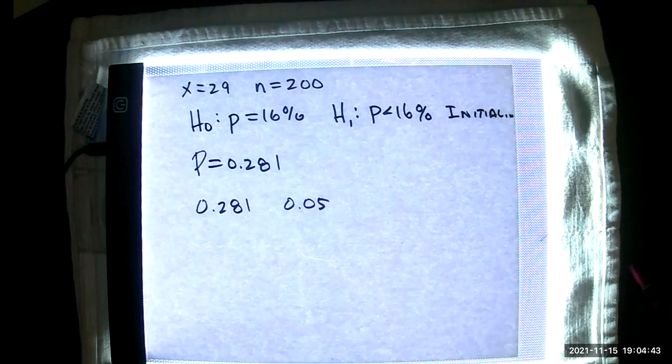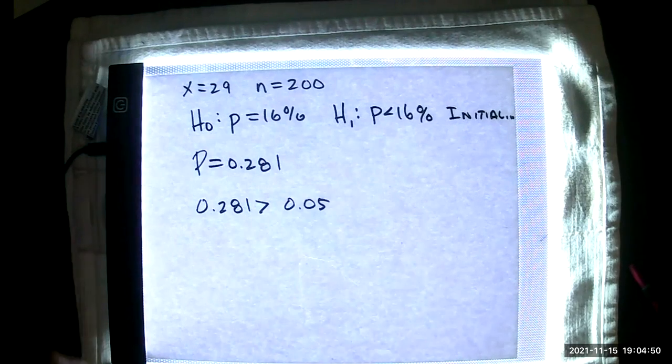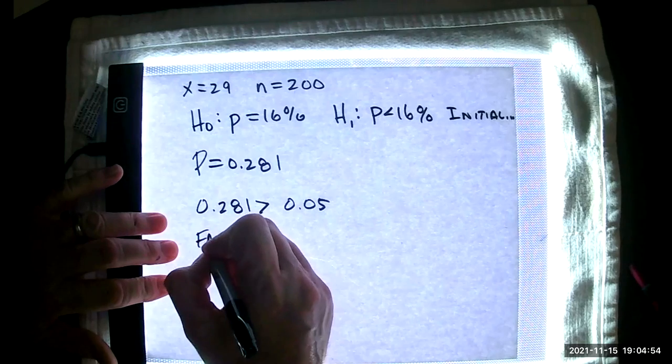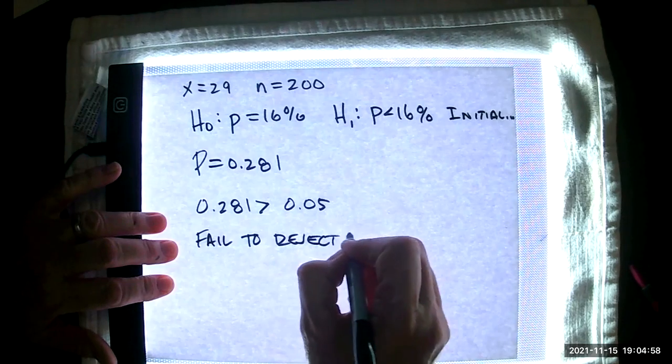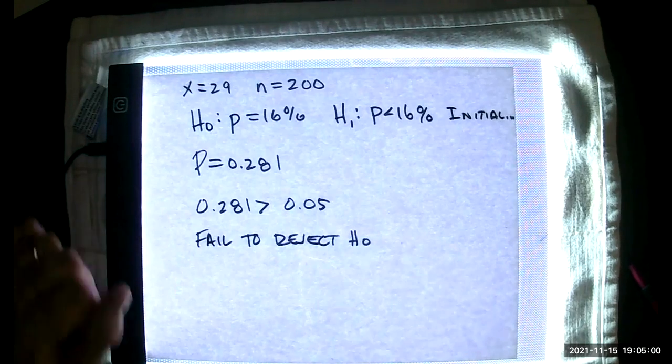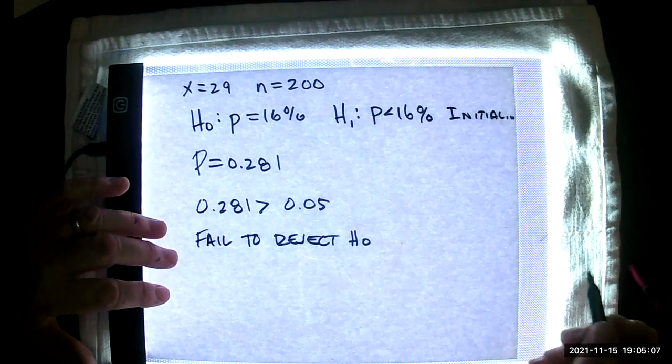So once I compare it to my level of significance, I realize that my p-value is greater than my level of significance. So we fail to reject the null hypothesis. Now, the last step is to address the initial claim, and it goes like this.